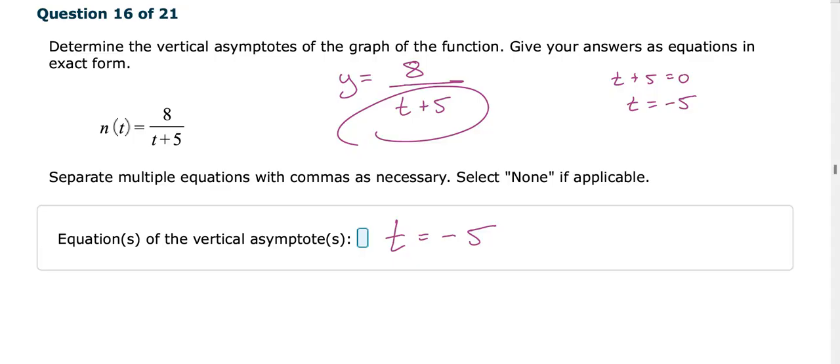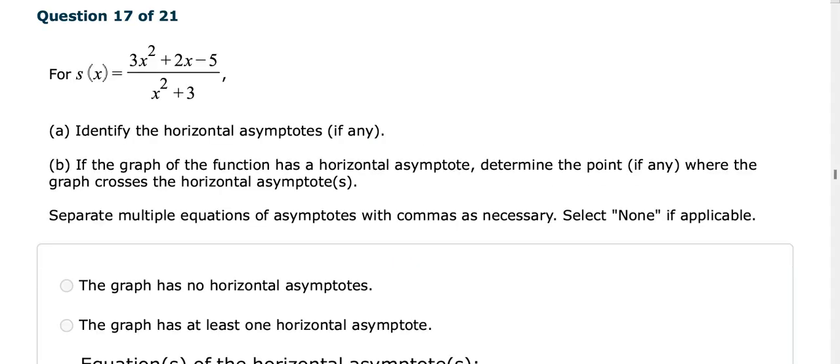Number 17. For the function s of x equals, the numerator is 3x squared plus 2x minus 5. The denominator is x squared plus 3. It says to find the horizontal asymptotes, if any. For horizontal asymptotes, you look at the degree of the top and the degree of the bottom. In this case, they're the same.